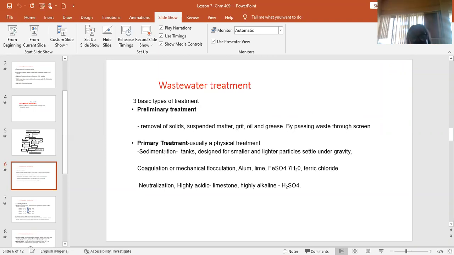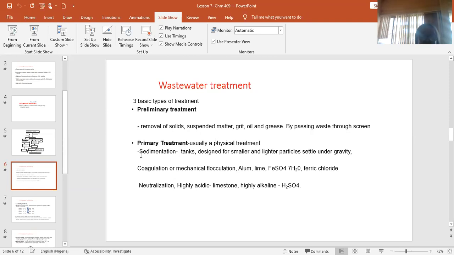Then the primary treatment stage is a physical treatment stage. So we have physical, we have biological, and we have chemical treatment, and I'll be explaining that shortly. For the physical treatment stage, there are 3 types.